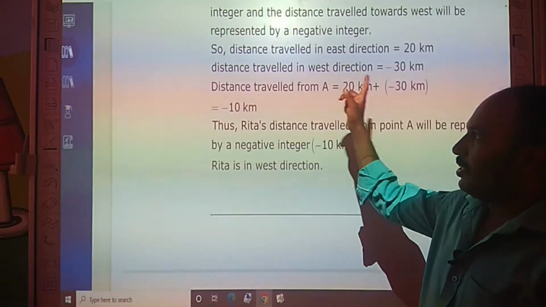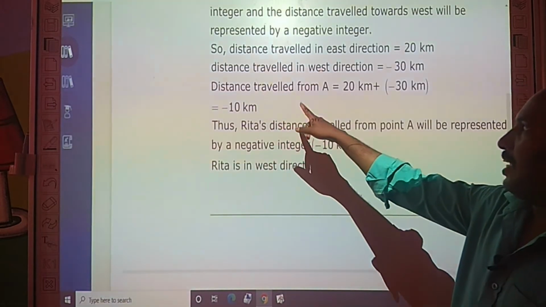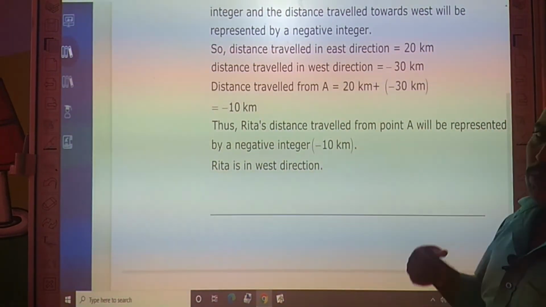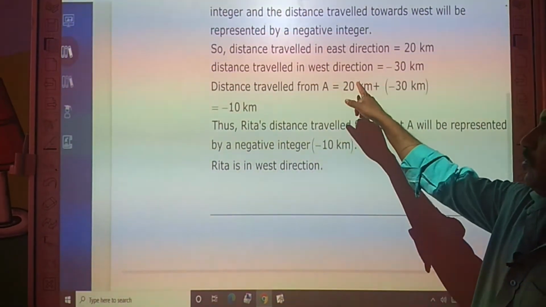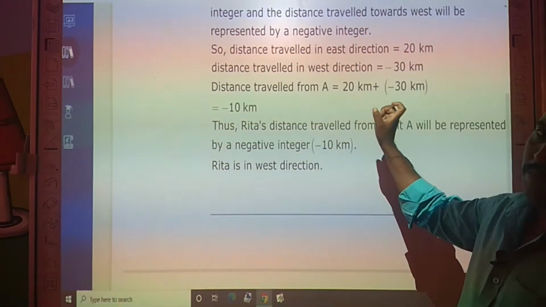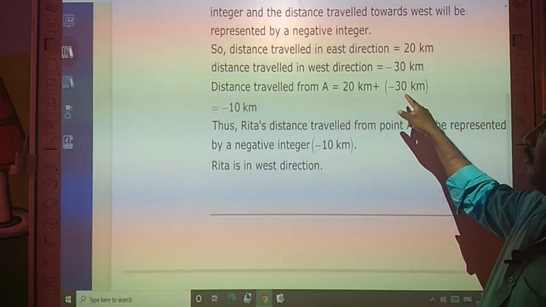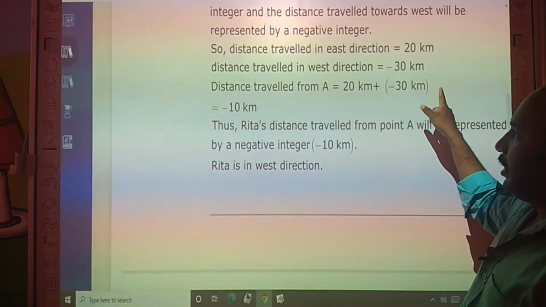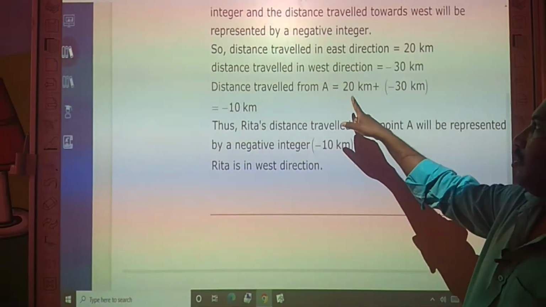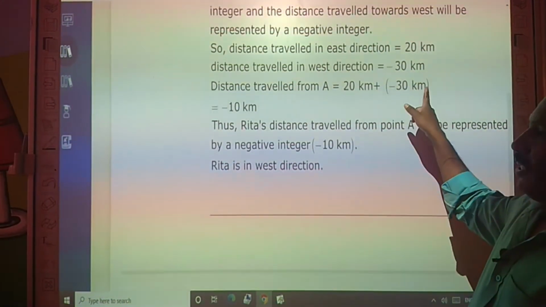So we want the total distance. Distance traveled from A to C is equal to the first one 20 kilometers A to B, then B to C 30 kilometers, minus 30 kilometers. 20 plus into minus 30.